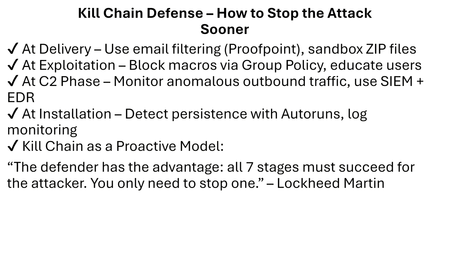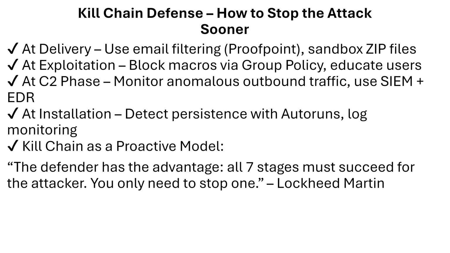For example, in the delivery stage, better email filtering, zip file sandboxing, and antivirus scanning could have blocked the message. In the exploitation stage, disabling macros by default would have stopped the macro from running. In the installation stage, endpoint detection and response tools could have flagged the unusual use of PowerShell or the presence of svchost.exe outside System32.